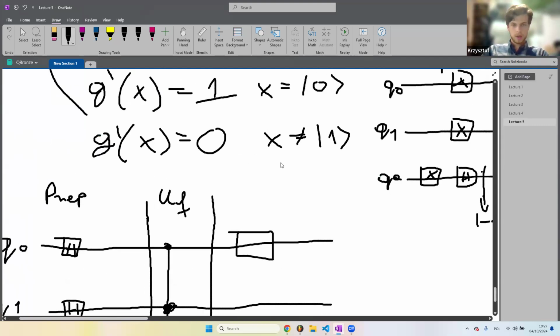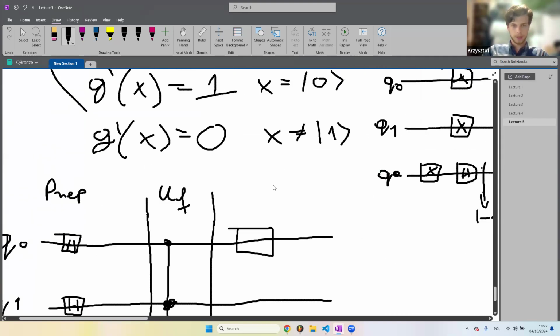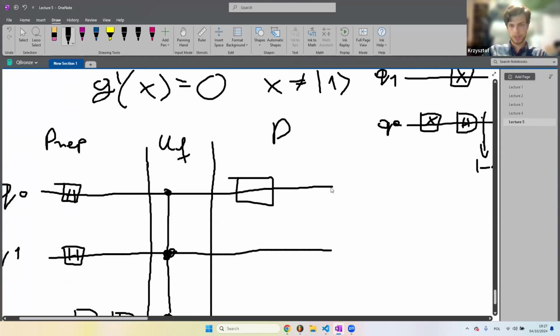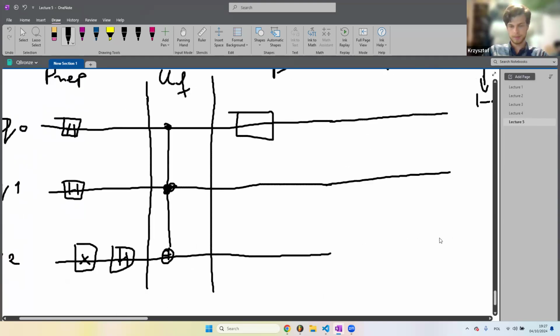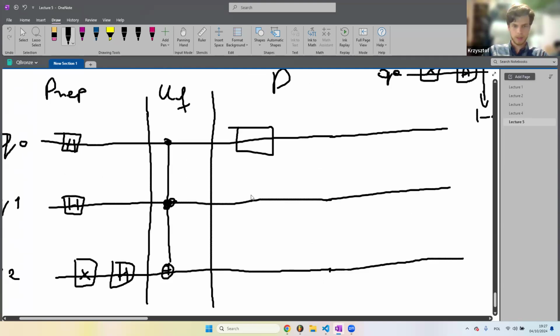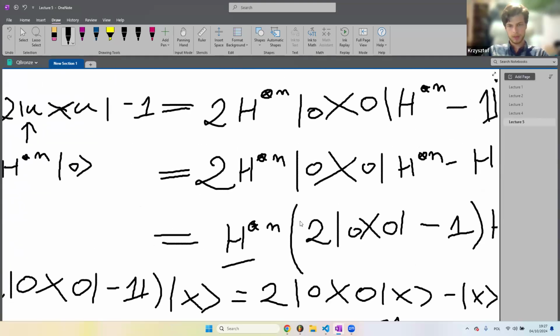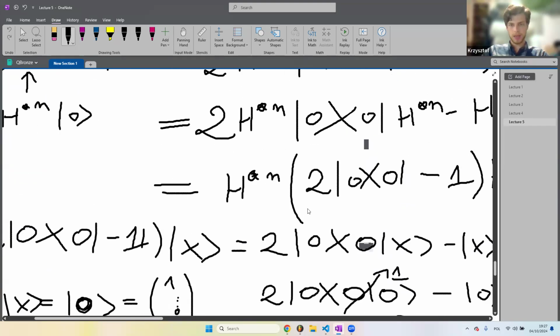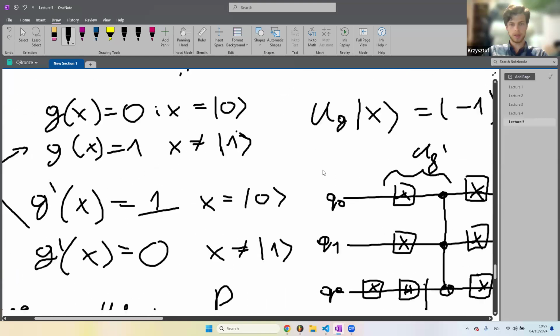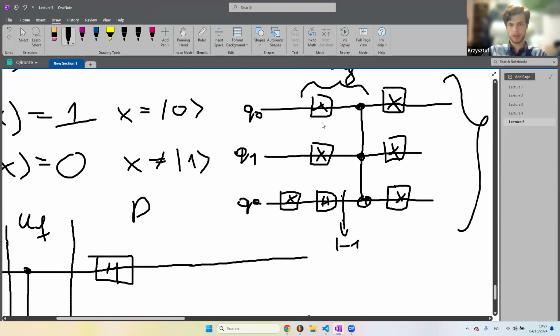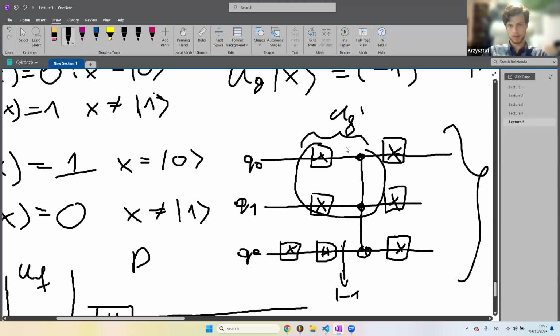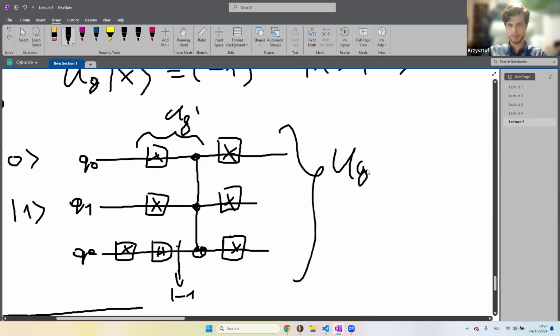Then we implement our D operator, which is the inversion about the mean. And for this, we apply two Hadamards at the beginning, as shown here. Then we apply this operator here, which we derived to be this UG.